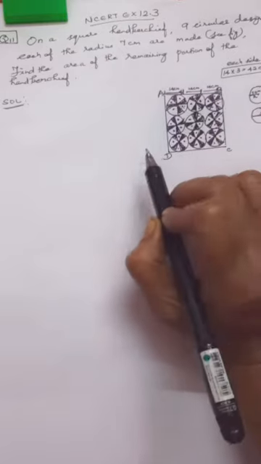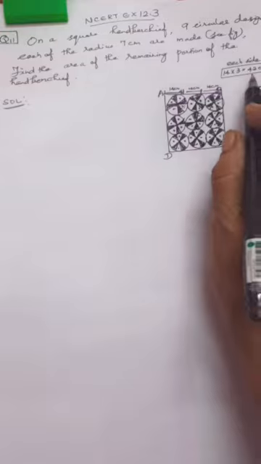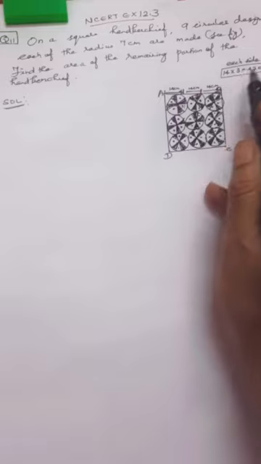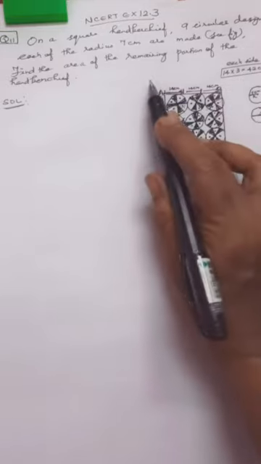So 3 diameters can fit into the kerchief. 14 threes are 42 centimeter will be the side of the square handkerchief. So now the side is known. We can subtract the area of the 9 circular designs from the area of the square kerchief and find out the area of the remaining portion.